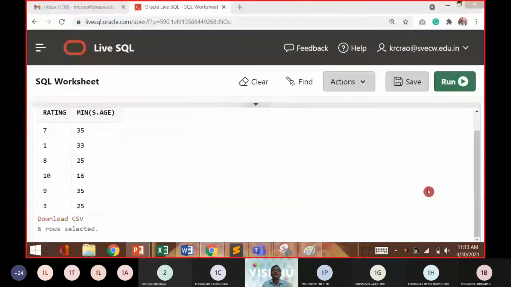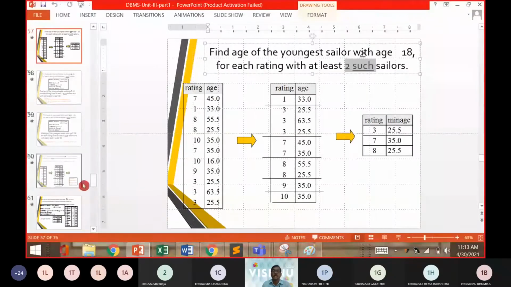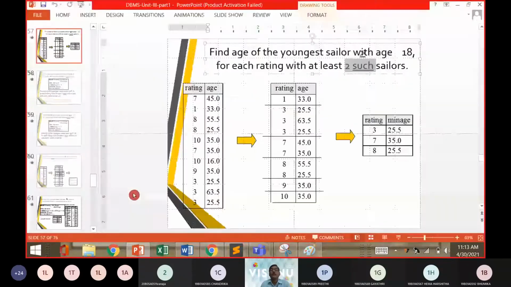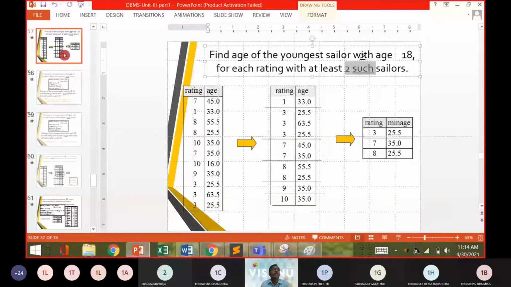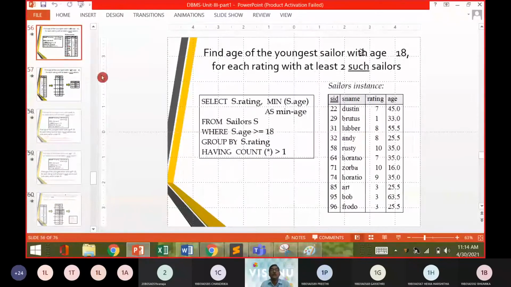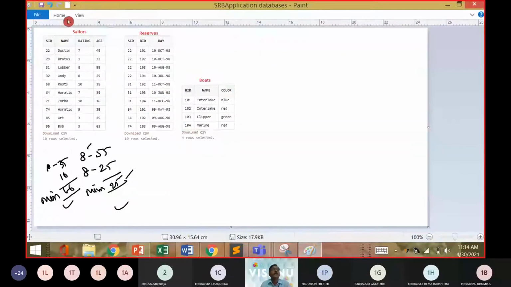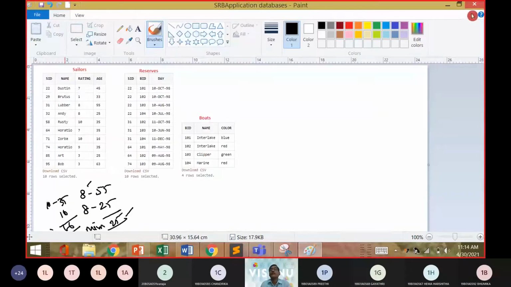The data set illustrated here, and the data set I was illustrating was different. Okay, the data set illustrated in this PPT, because in this previous slide I can show you, the record was not there. Frodo 96, the record is not available in the data set, right? We have to work on this again, then we'll be getting the answers. Okay, so that is the difference we should understand here.